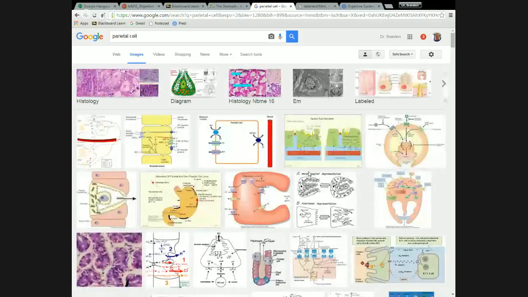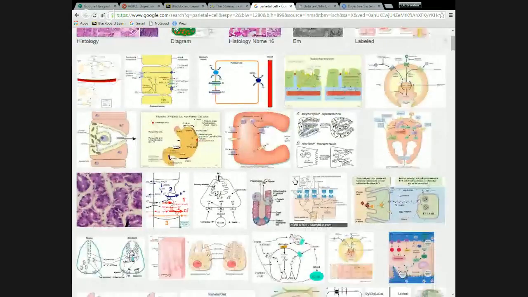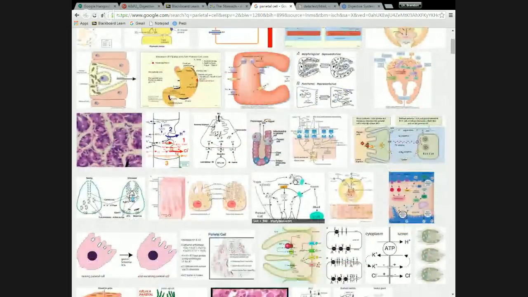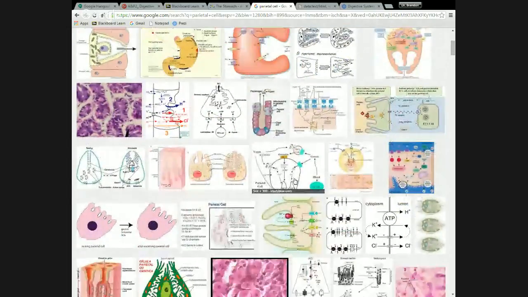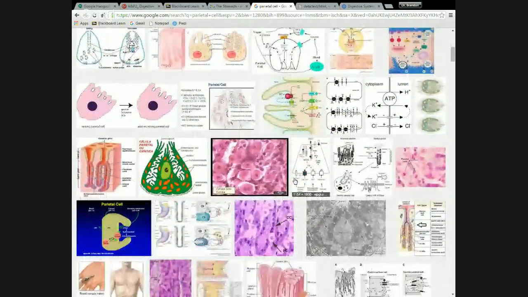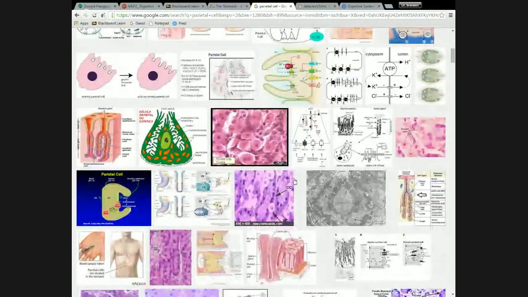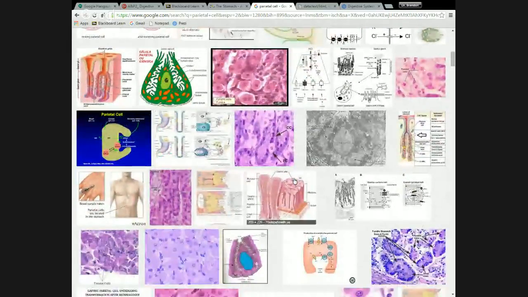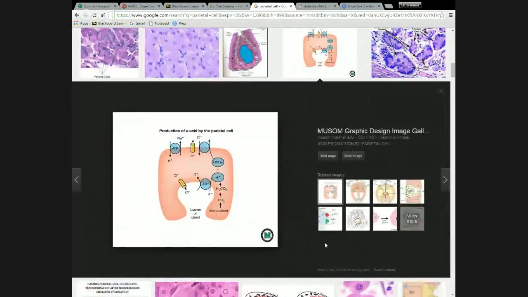And I found a good one Wednesday night. Let me see if I can find it again. A lot of these pictures describe what these cells do with a little bit more detail than I want to go into.